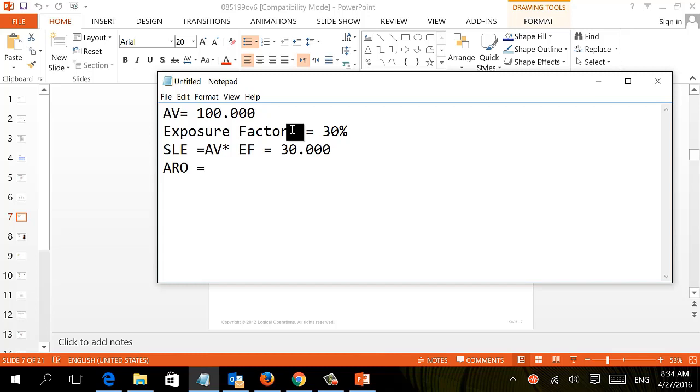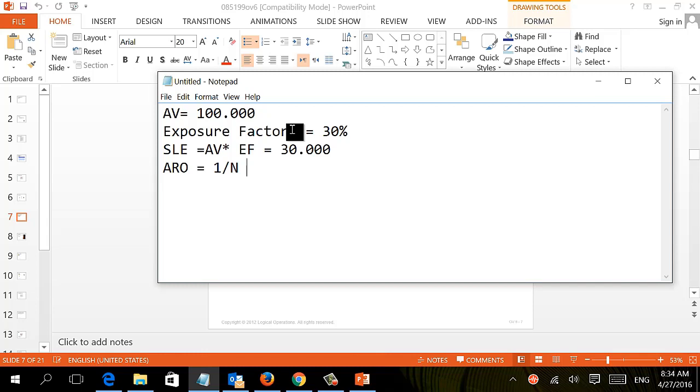If it happens once per year, it should be 1. If it happens 3 times per year, it should be 3. What if it happens once every 3 years? It should be 1 over 3. The formula is 1 over n, where n is the number of years between occurrences of this event.